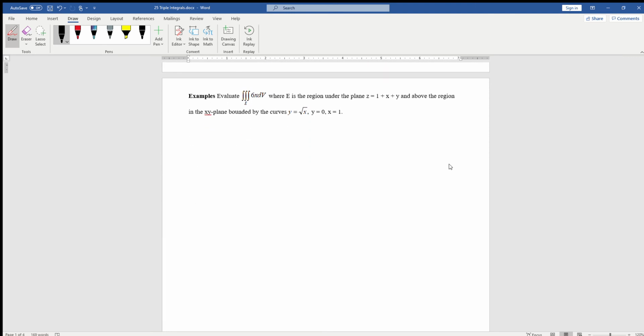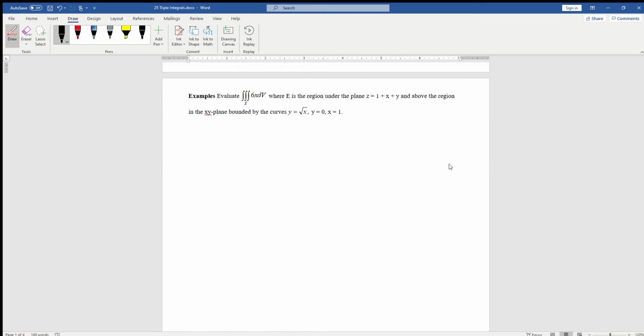So, let's say we have a triple integral. We don't know the bounds yet, where E is the region bound under the plane z equals 1 plus x plus y, above the xy plane, and we're bounded by the curves y equals square root of x, y equals 0, and x equals 1. So, two things going on here.